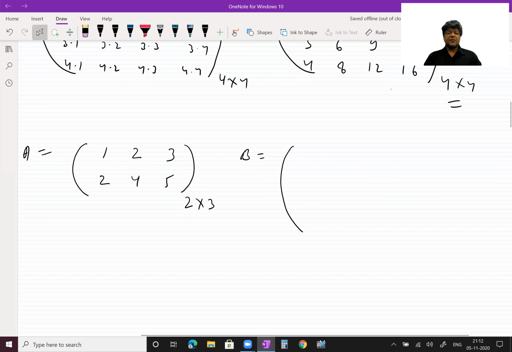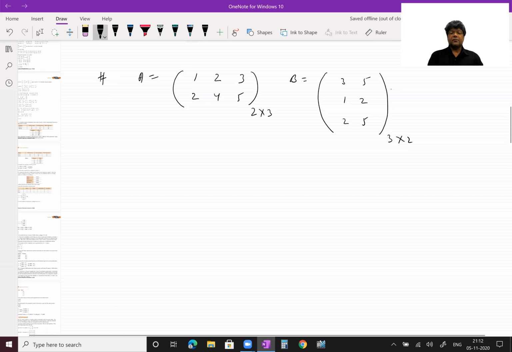So second matrix, if I want AB to be possible, it will have to be 3 by. Then only it's possible. So 3 by means 3 rows. So I am writing this way. Suppose 3 5, 1 2 and 2 5. So now this is what? 3 rows and 2 columns.